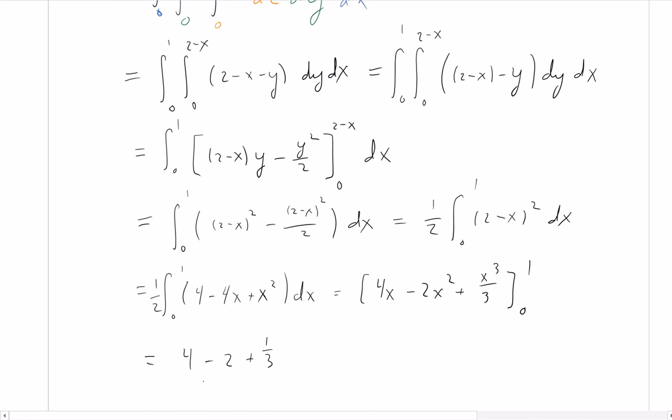Seems I dropped the 1/2 at this step. There should be a 1/2 in front of everything. So we have 1/2 times 2 and 1/3. If we distribute the 1/2, this is 1 plus 1/6, which is 7/6, and that is our final answer.